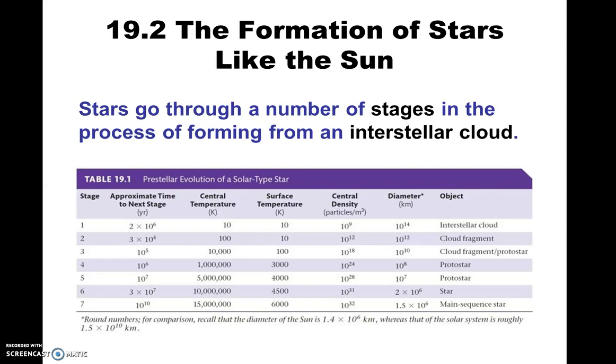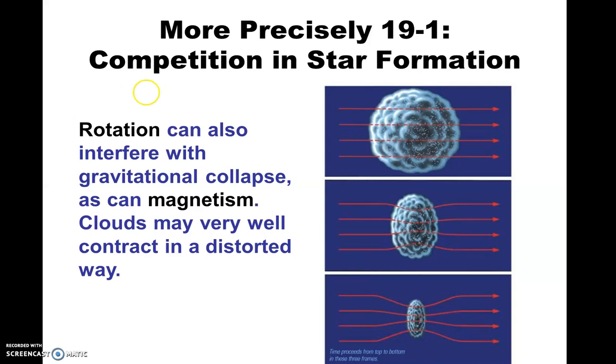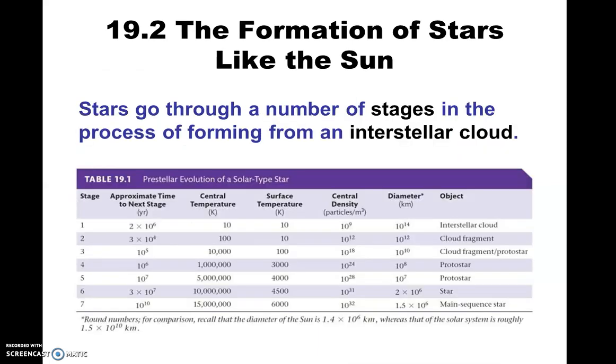If we assign various random motions to these things, what are the chances that they'll get close enough for gravity to overcome and begin to collapse this object? In our computer programs we put in rotational motion, thermal motion, and magnetism, of course, to see what's going to happen.